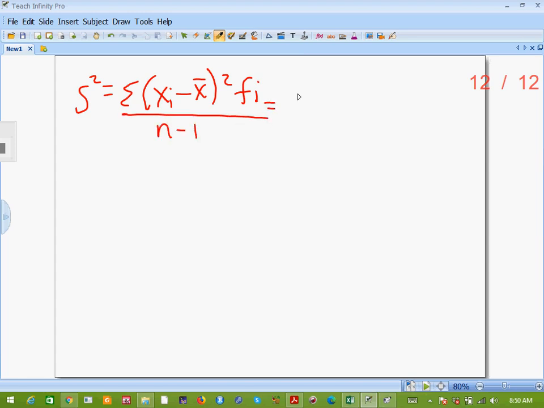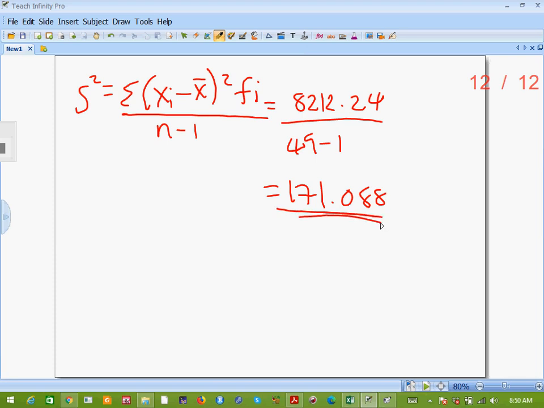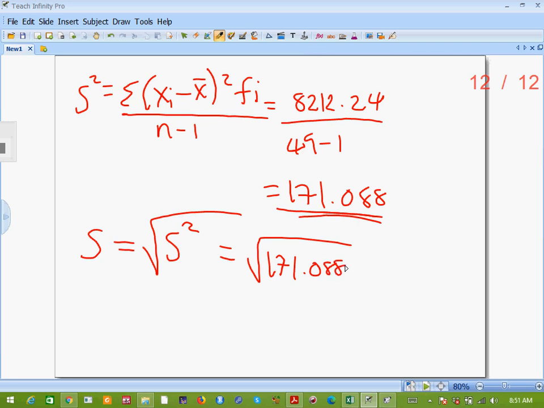And this value is just 8212.24 over 49 minus 1, which is just 171.088. Okay, so that is our variance. To find the standard deviation, we just square root the variance, so the square root of 171.088.